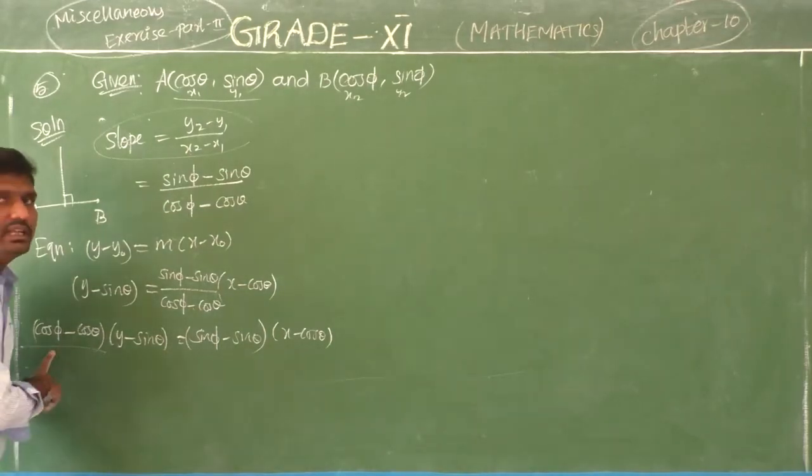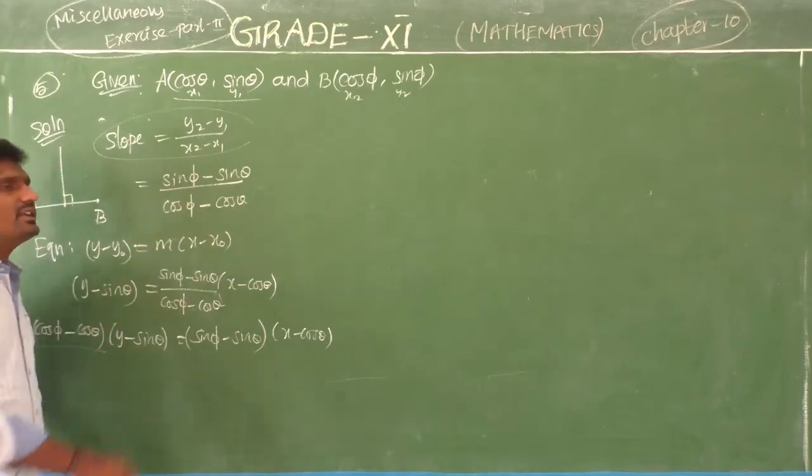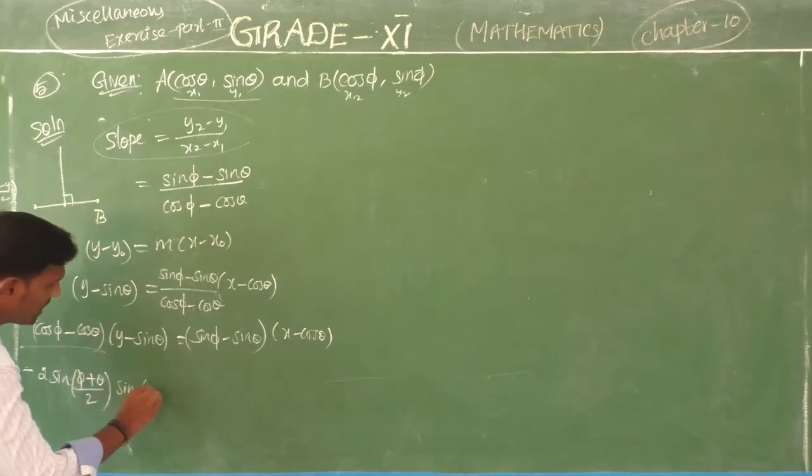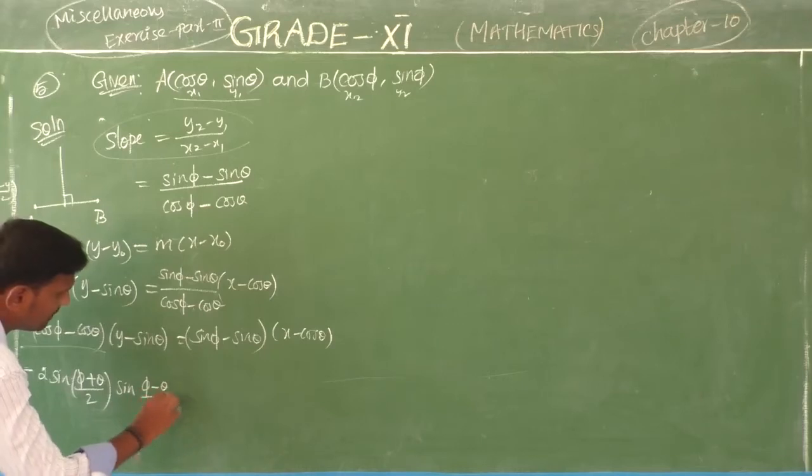For that, we are going to use the trigonometric formula: cos x minus cos y is minus 2 sin of x plus y by 2, that is phi plus theta by 2, into sin of x minus y by 2, that is phi minus theta by 2.